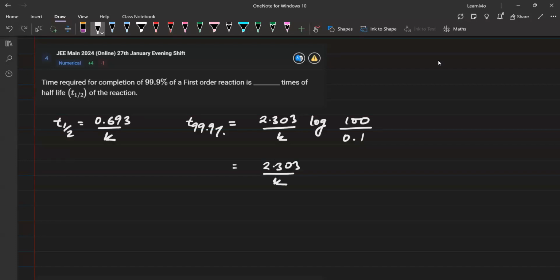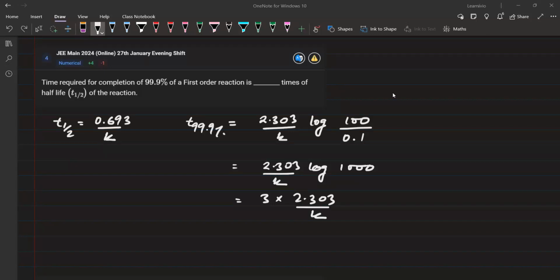2.303 divided by K, log of, this will be what? 1000. So this will be equal to 3 into 2.303 divided by K. Now 2.303 and 0.693, how much is that approximately? No, 3 is not the answer, because here we have 0.693.